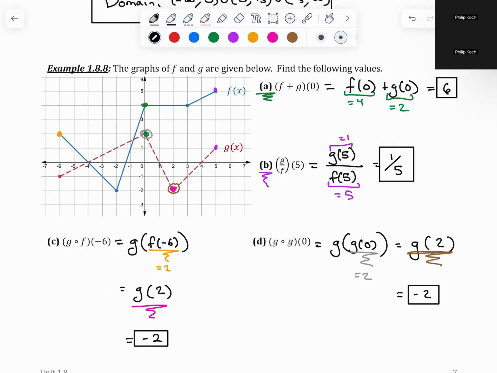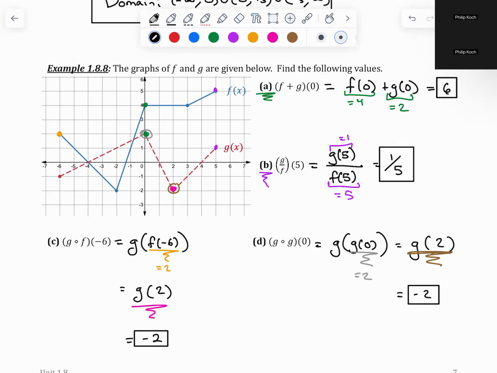Connor, you look like you want to ask a question. My question, yeah, I don't even know how to ask it. For sure. Where's the 2 come from? The gray 2? Yeah, so I guess I just looked up and you got g times 0 equals 2. That makes no sense. So you're getting caught up on the parentheses trying to mean multiplication, but those parentheses do not mean multiplication.